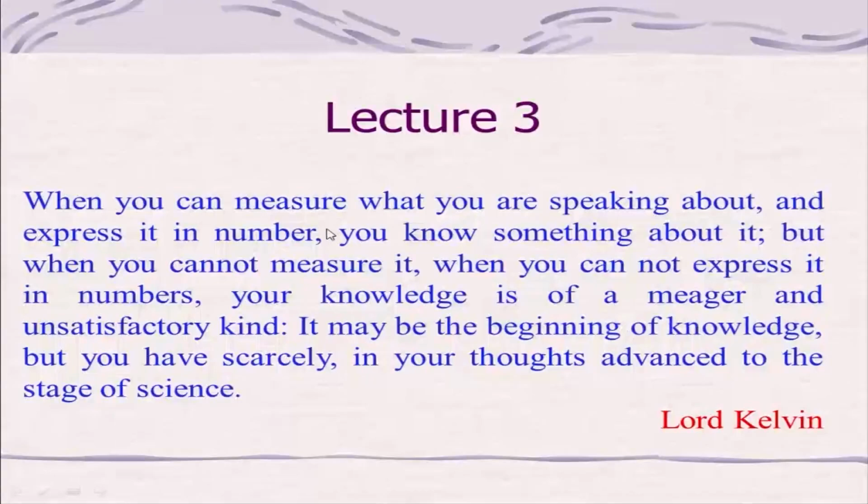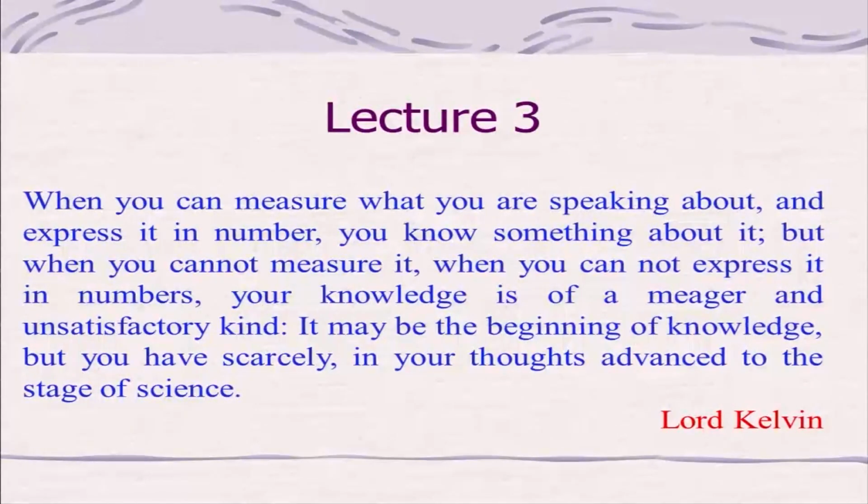There we stopped. Properties are very important, and let me quote Lord Kelvin, who said that when you can measure what you are speaking about and express it in numbers, you know something about it, but when you cannot measure it, when you cannot express it in numbers, your knowledge is of a meager and unsatisfactory kind.